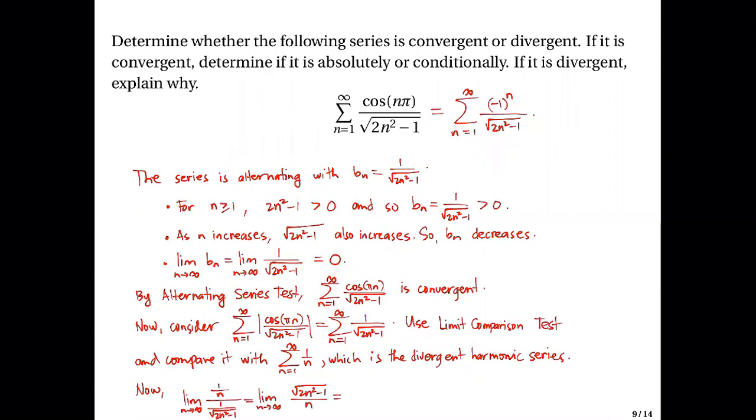But this is also equal to the limit as n approaches plus infinity of square root of 2n squared minus 1 over n squared. And check that this is just square root of 2 as n approaches infinity, which is greater than 0.